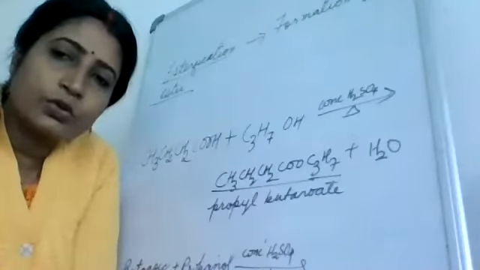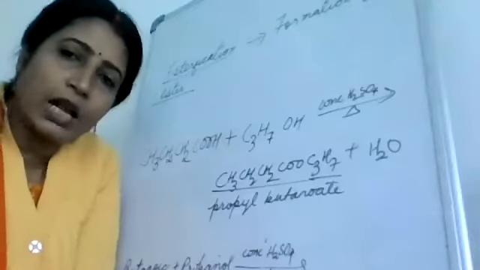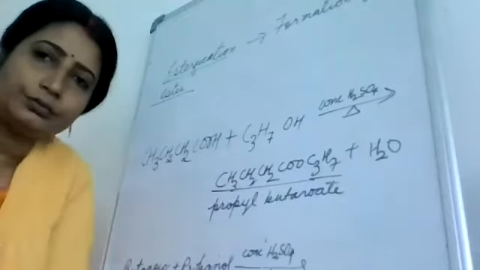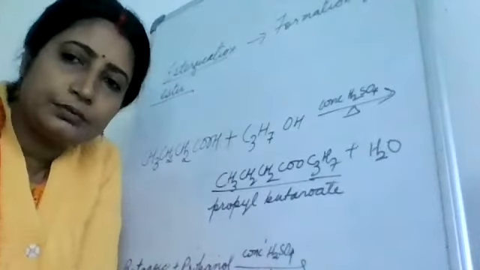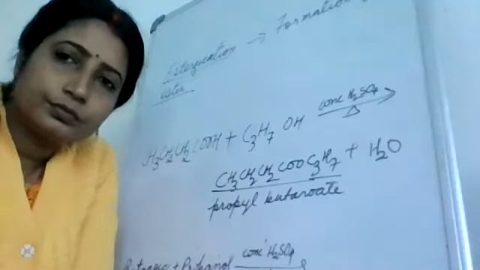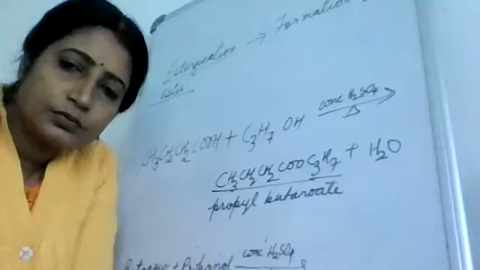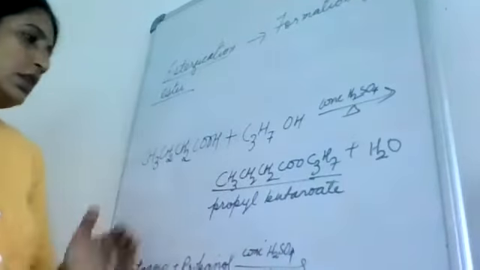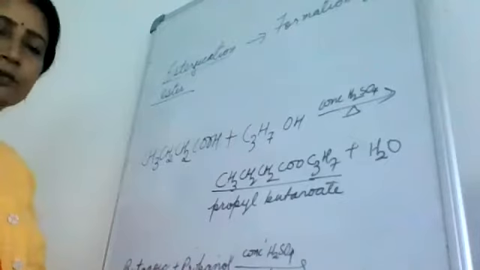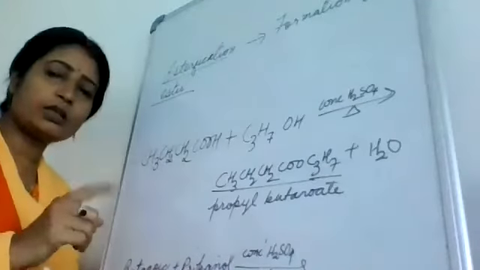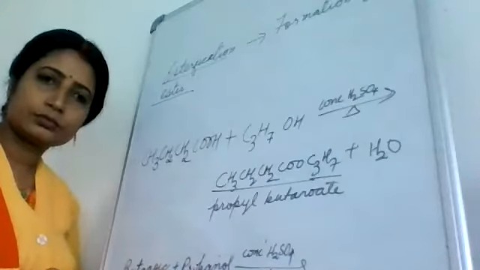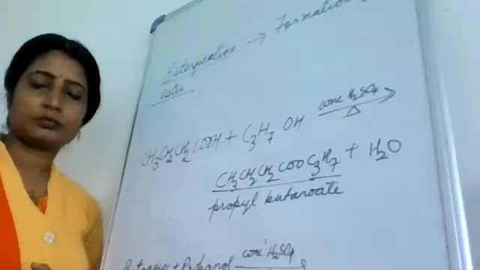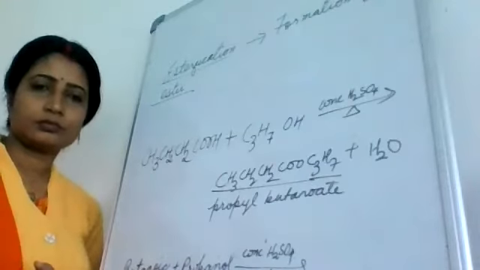Yes, ma'am. Who is going to tell it again? Whatever I have told, who is going to repeat? Who can tell? Who will tell? It is here in the equation itself. Ma'am, esterification is a process in which carboxylic acid reacts with O2 in presence of.